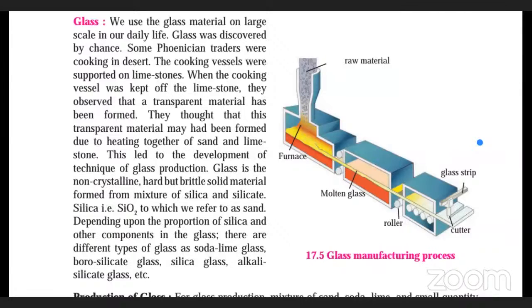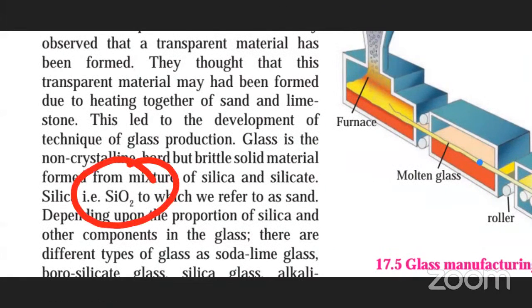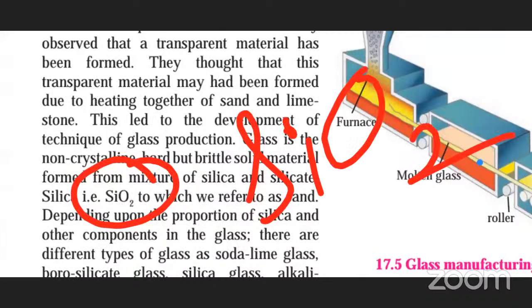So there are so many uses of glass. And what is this glass made up of? It is made up of silica. Silica means what? You have silicon and oxygen.